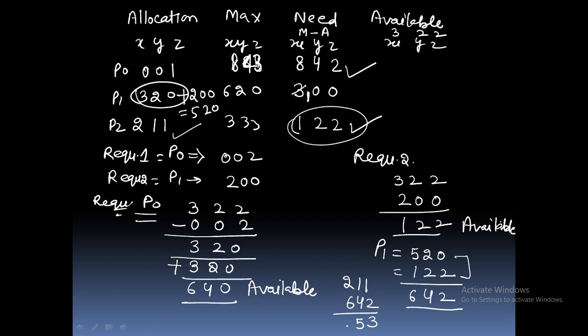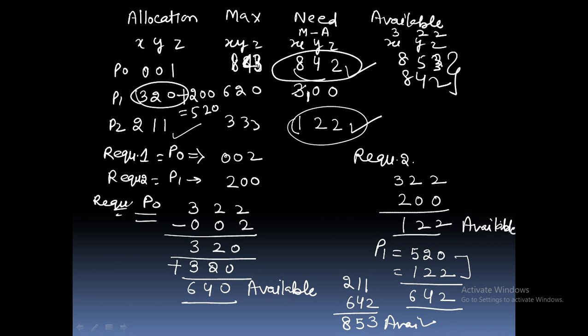Now total resources available are 853. Now you can see the need of process P0 is 842 and available resources are 853.